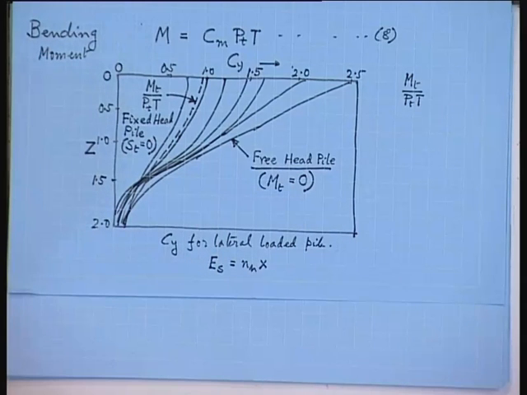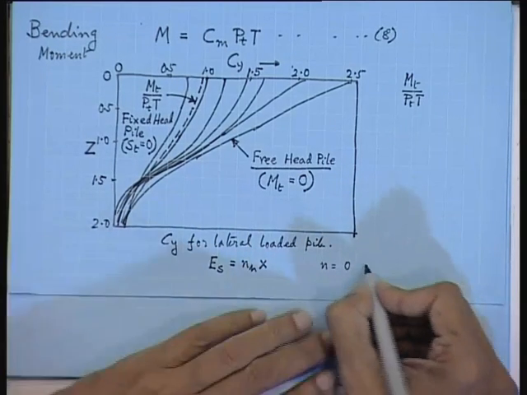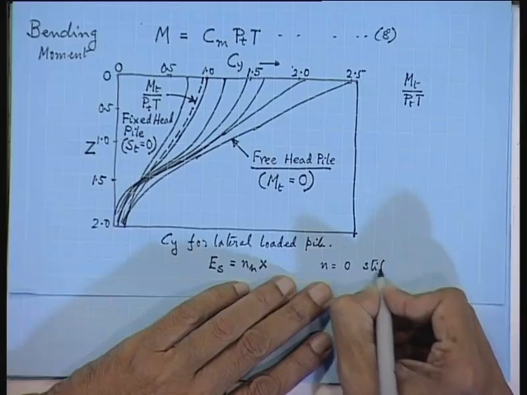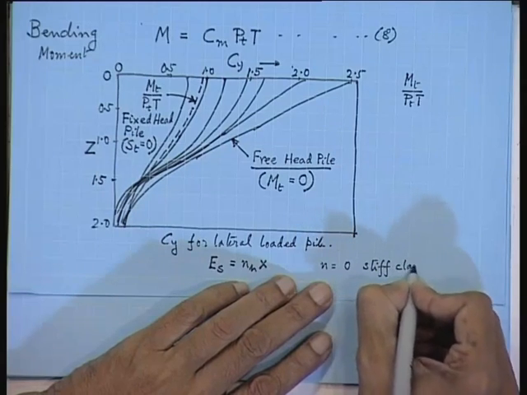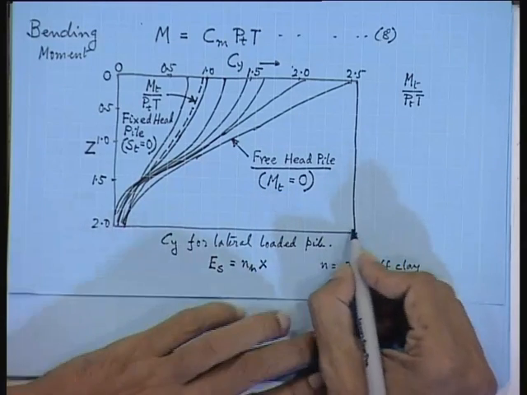There are types of soil I have told you. This is cohesionless soil, I think. See, n equals to 0. It is not mentioned, I think. No, sorry, n is equal to 0 you write for stiff clay. So, he has taken this for n equals to 0. So, that means stiff clay has been taken. So, this set of graphs you will find in Reese and Matlock.